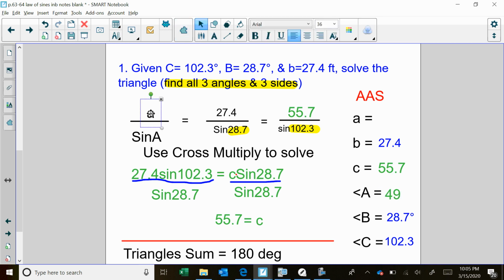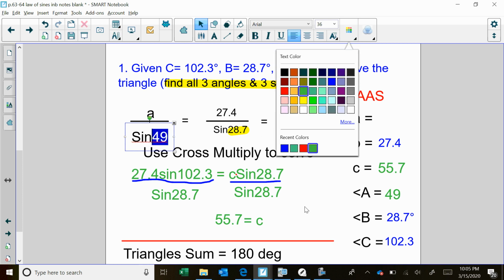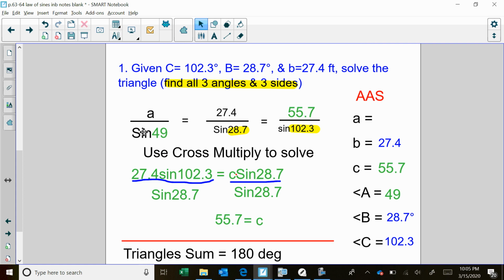And so we can get rid of the big A here, and we can put our 49 in there. And the reason we want to put this back into our formula, back into the law of sines, is because in order for us to find little a, we now have to, sorry, let me go back to the pen.